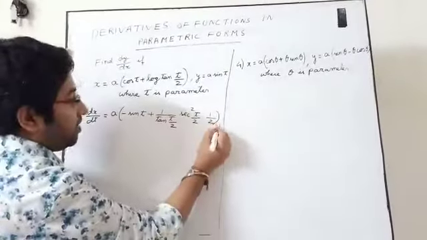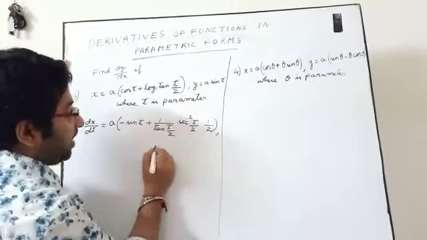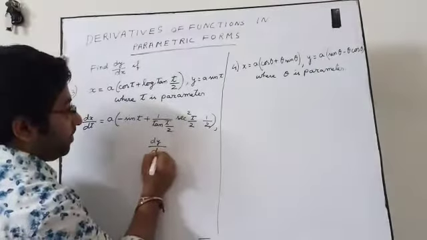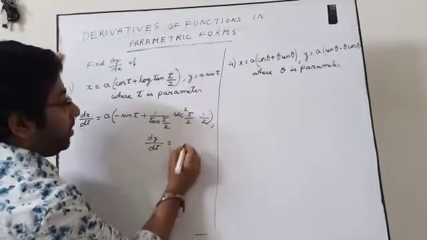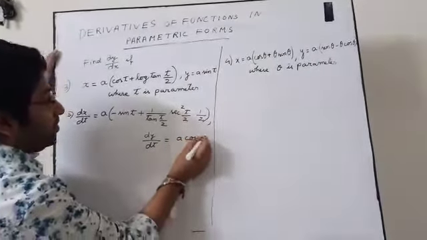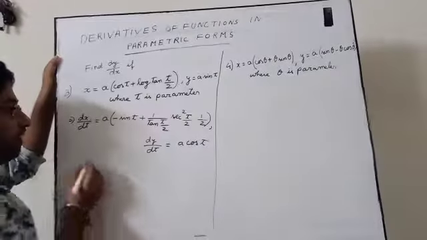Comma. And again, y equal to a sin t, so dy by dt will be a cos t. Okay.